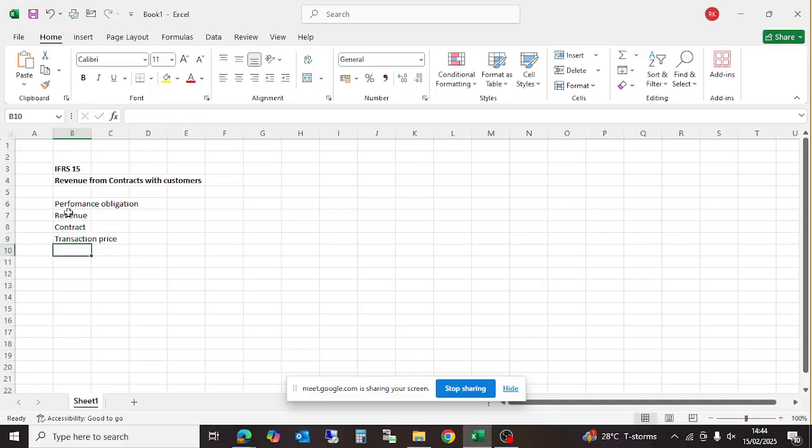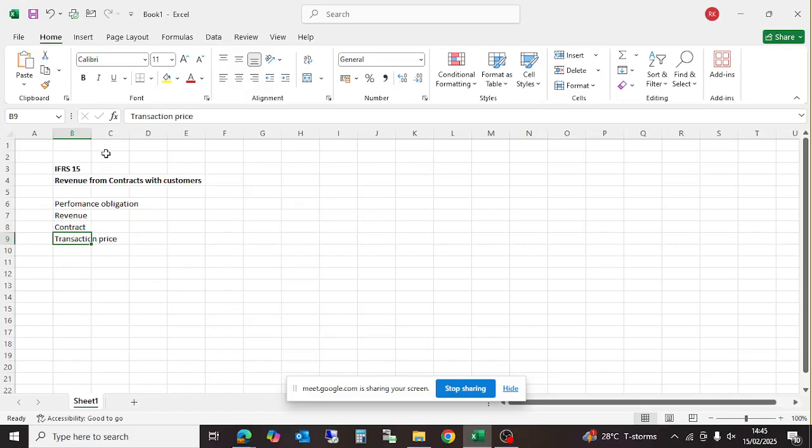We need to understand terms like contract assets or contract liabilities, but my main focus will basically be on these four: the performance obligation, the revenue, the contract, and the transaction price. The other ones I'll probably just explain a bit, but my main focus will be on these four because they're the main ones.